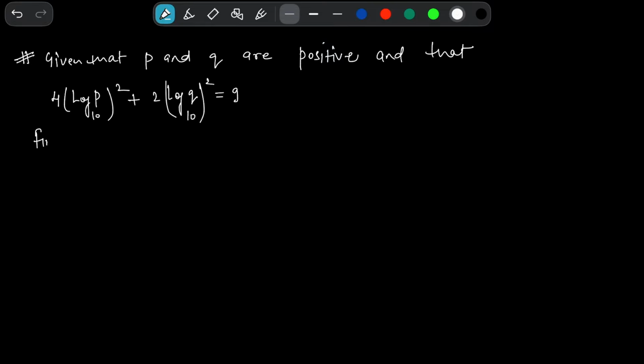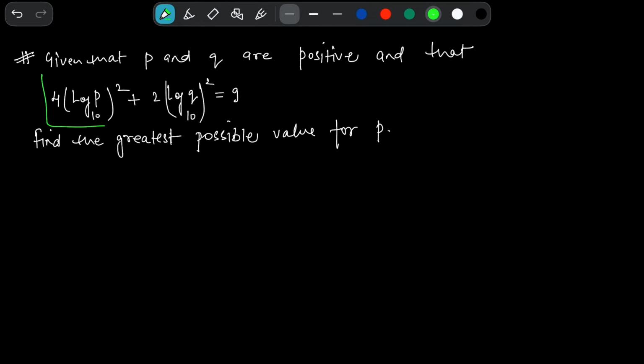The question says find the greatest possible value for P.